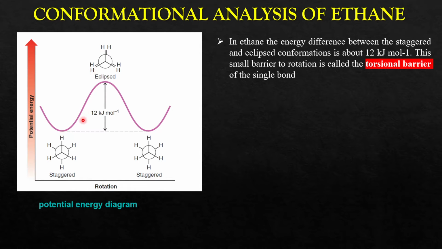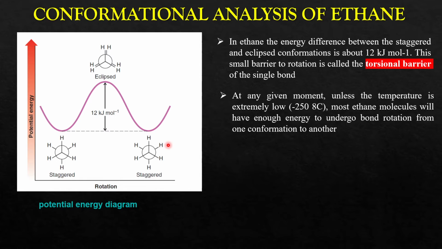And as you can see, the barrier that you are seeing here, having the energy of 12 kilojoules per mole, is basically called the torsional barrier. So these types of molecules can easily surpass this barrier, and easily go from staggered to eclipsed to staggered conformation again, because this barrier is very insignificant.